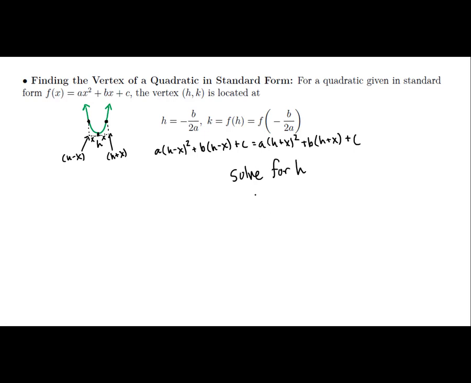If you solve for h after a little bit of work, what you're going to find is that h is equal to negative b over 2a, right? The x's all kind of go away, and you're just left with this. h equals negative b over 2a. So that's why it all works, okay? So we keep that in our back pocket. If I have something in standard form, then I can find its vertex actually pretty easily using that formulaic approach.